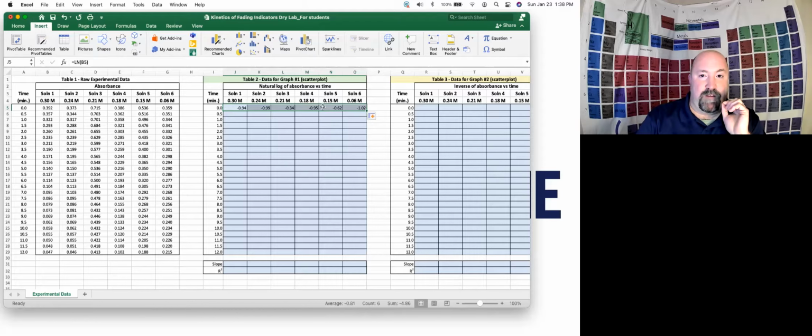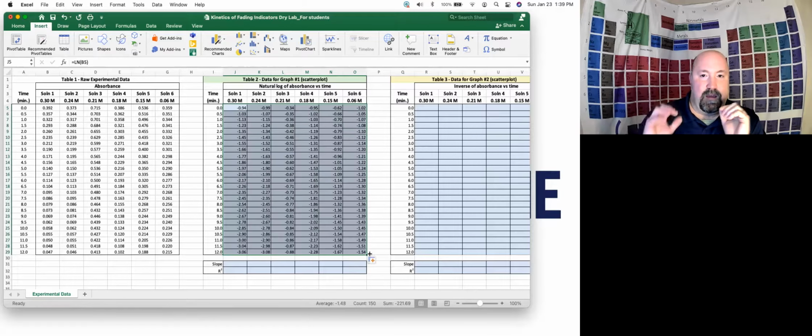So if I click on this, you see it's the natural log of F5. This slot here is the natural log of this, which is exactly what I want. That's perfect. Now I can highlight all of these, click on this arrow here and drag down, and boom. Now what I have in this table is the natural log of all of these values.